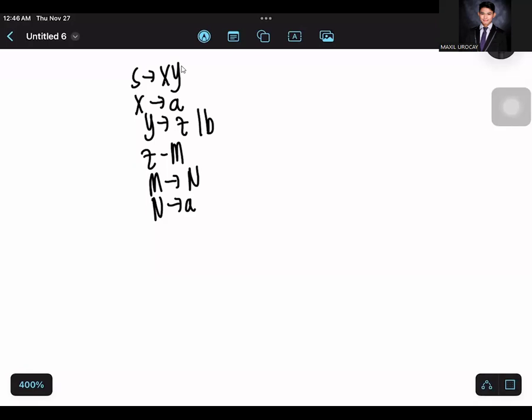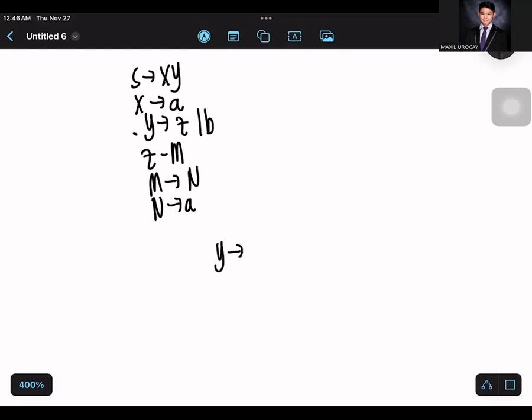Okay, so we have here the specific data that we are going to work on. We have to identify the unit production first. What will be considered a unit production here? Here, Y is given Z, that is a violation.